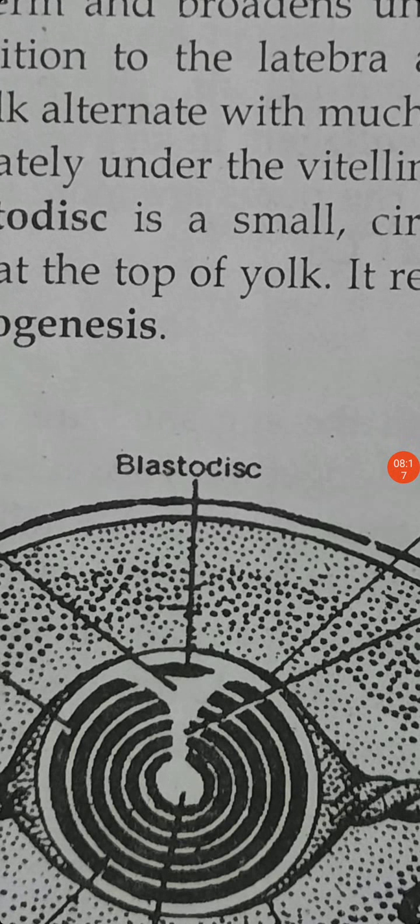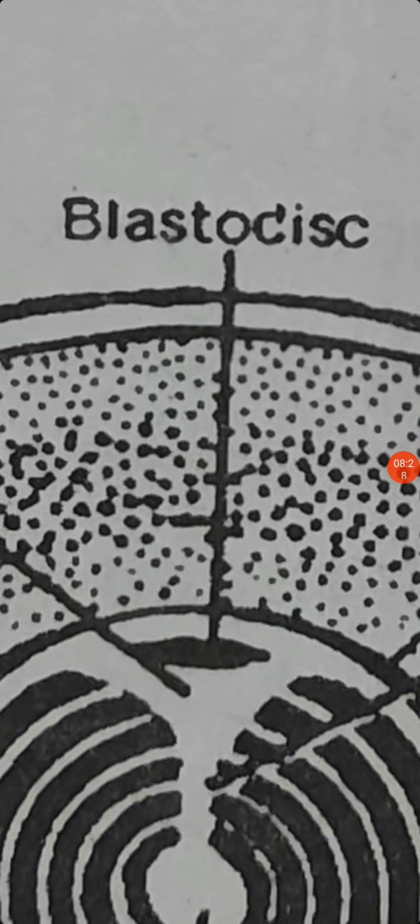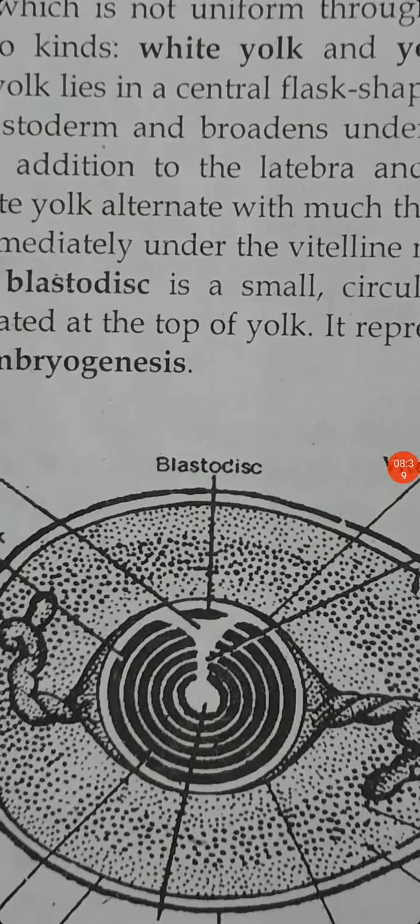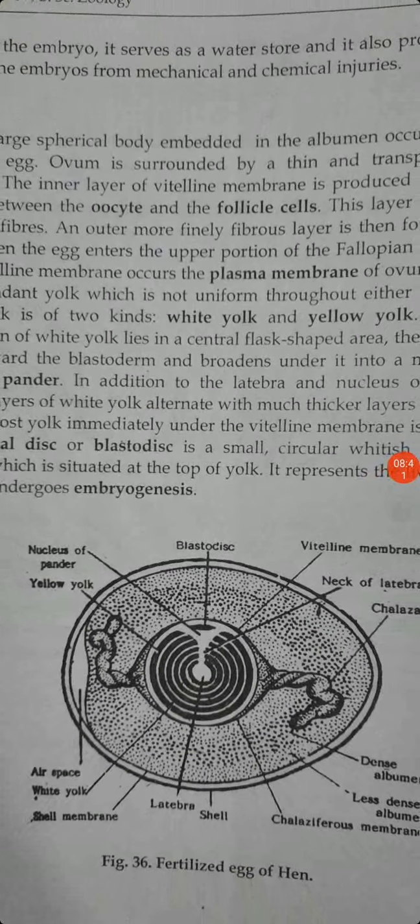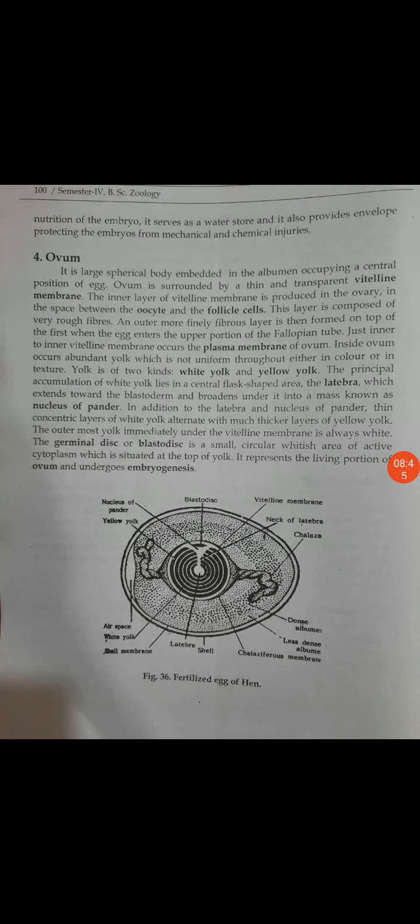It represents the living portion of the ovum and undergoes embryogenesis. So, this blastodisc is the living area, and this will turn into a small offspring and utilize all the yolk and protein for complete development, and after 21 days you will get one little chicken.